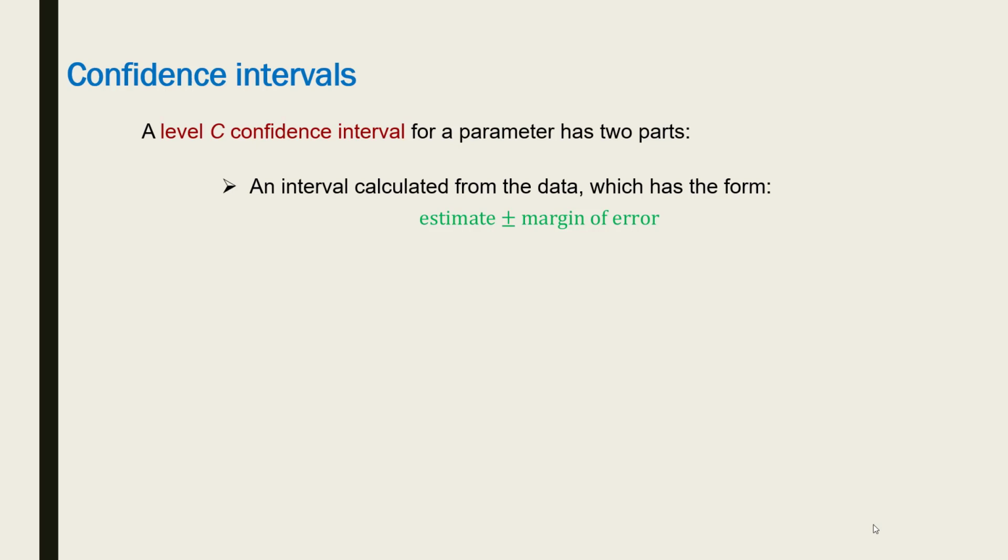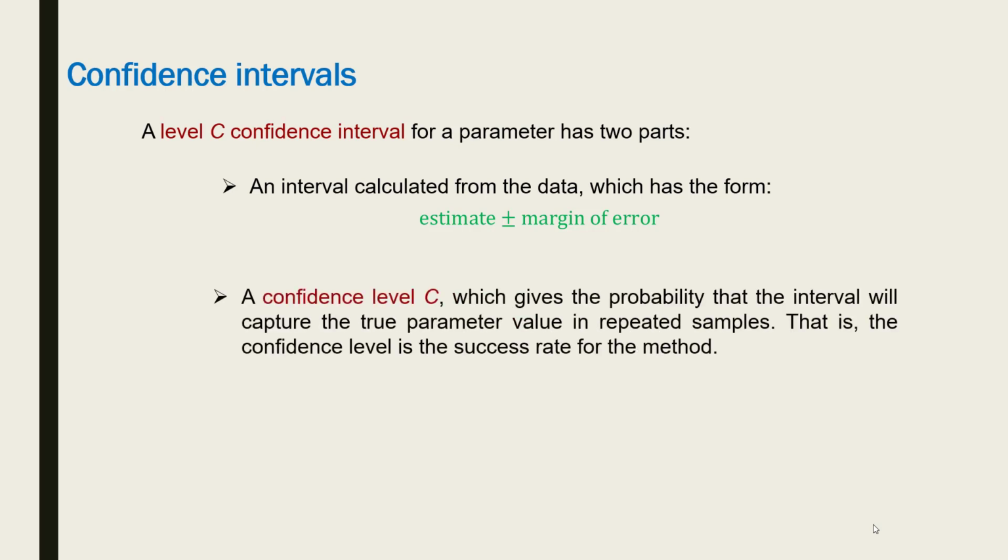So then we subtract margin of error from estimate to find the lower limit, and we add margin of error to estimate to find the upper limit. A confidence level C, which gives the probability that the interval will capture the true parameter value in repeated samples.